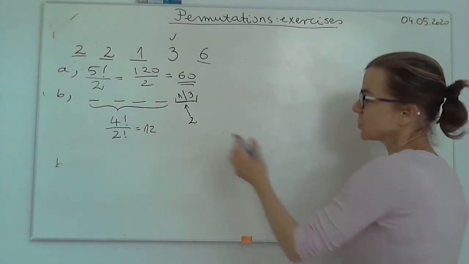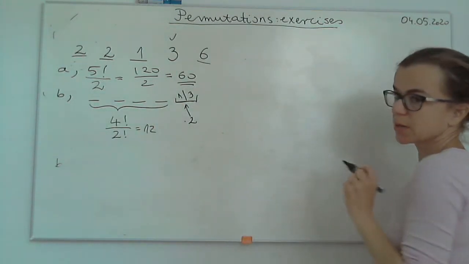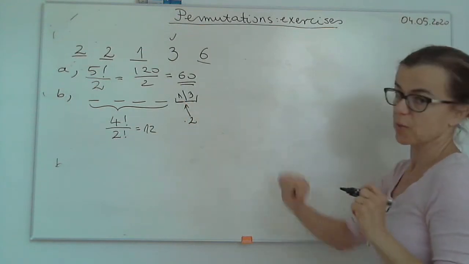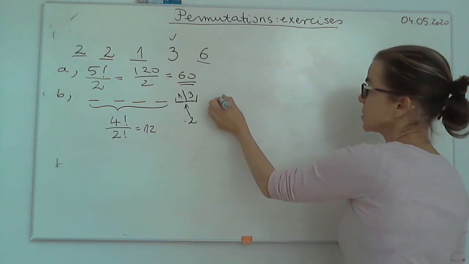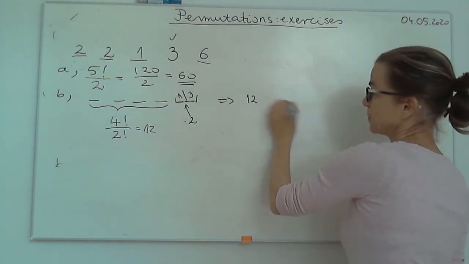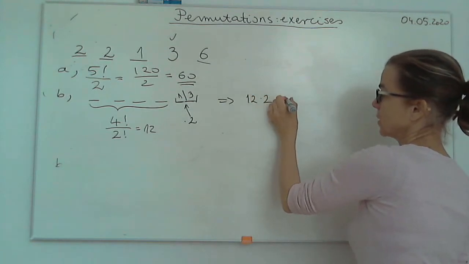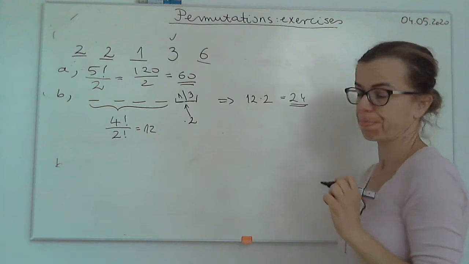So the final story is going to be 12 possibilities here, times 2 possibilities, because I still have the choice whether the last digit was 1 or 3. So the final answer is 12 times 2 equals 24 cases.